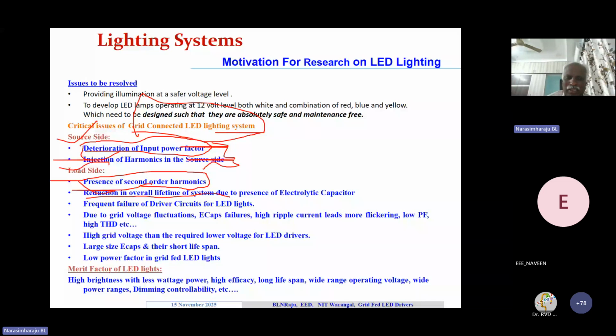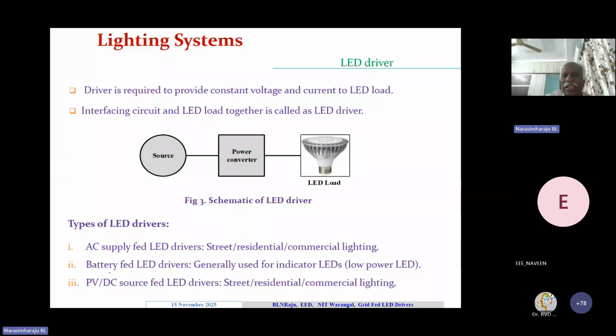Suppose there is a 110 volts single phase grid or a 220 volts single phase grid. If I normalize, say 110 plus or minus some 10%, something like 90 to 230 or 240 volts, that is the universal grid supply voltage.